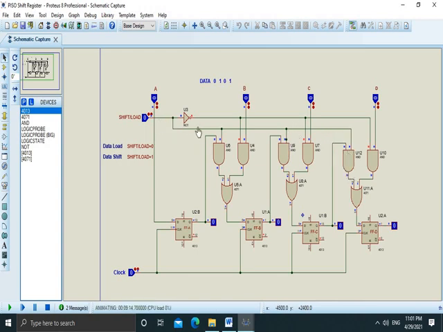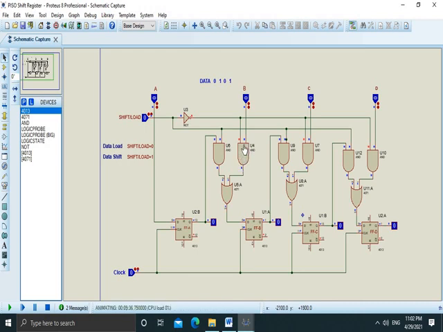If one of the inputs of an AND gate is 0, then A dot B, anything multiplied by 0, is 0. So the output of this AND gate, this AND gate and this AND gate is 0, because one of the inputs of the AND gate is 0. That's why this gate and this gate are disabled. They are not working.